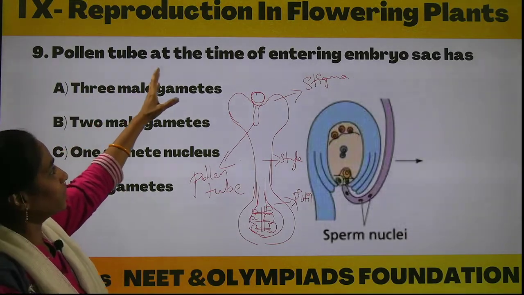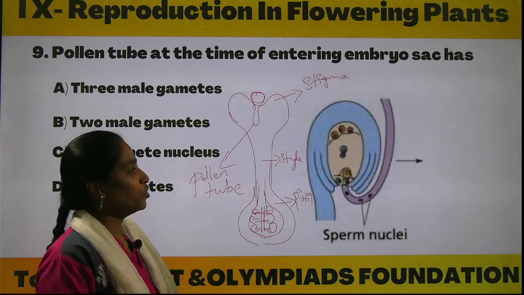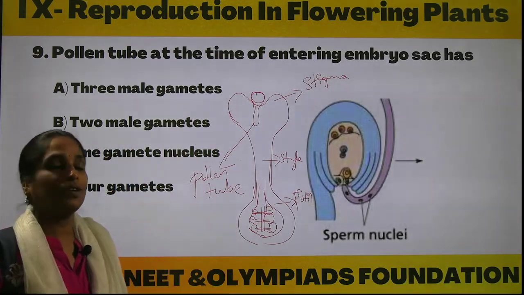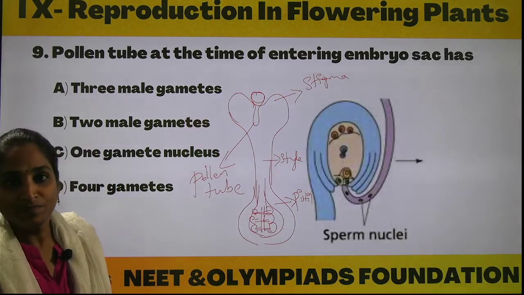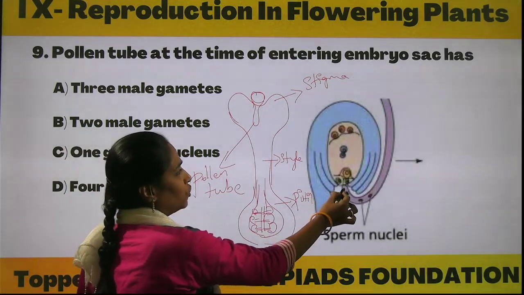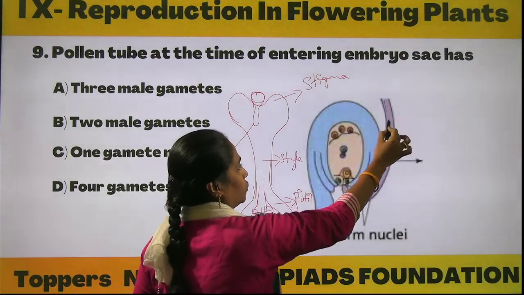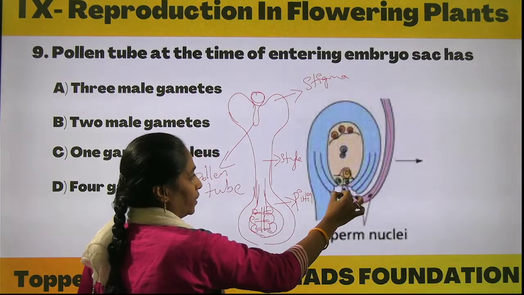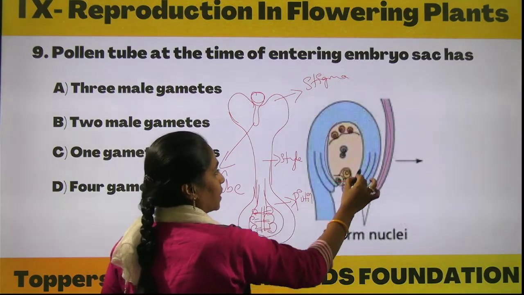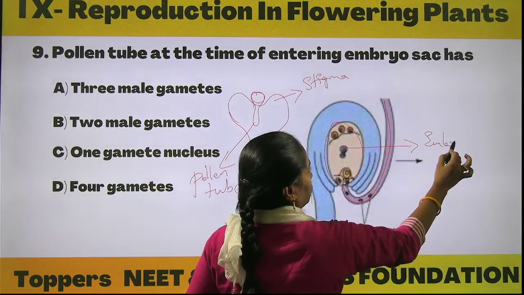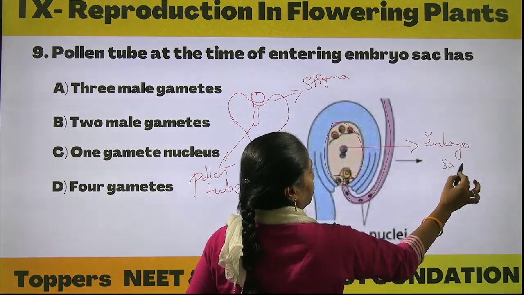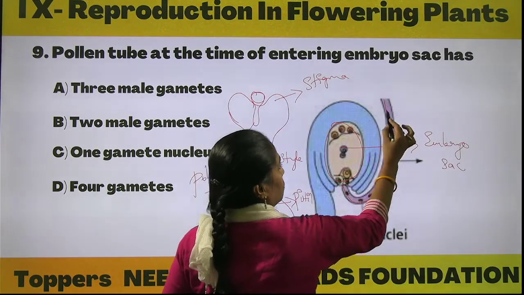Pollen tube at the time of entering the embryo sac. Where is the embryo sac here? This is the ovule, the female gamete in the flower. Within the ovule we can observe the pollen tube trying to enter into the embryo sac. This is the embryo sac, and this is the pollen tube.